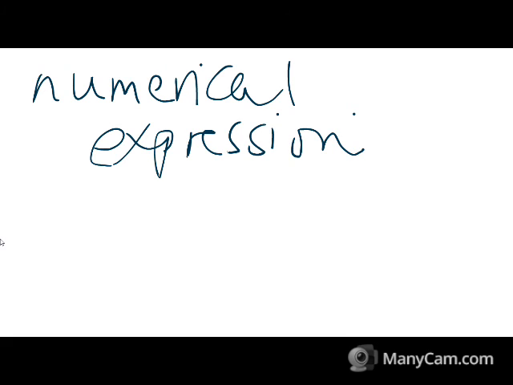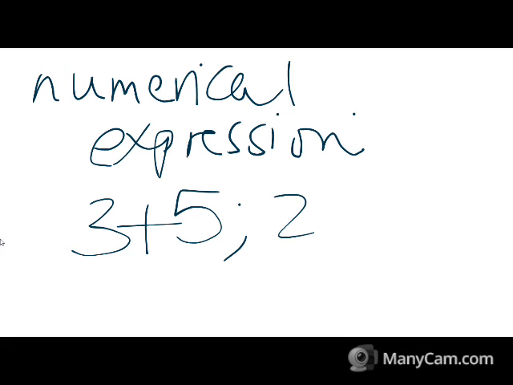That's a mathematical phrase involving numbers and operation symbols, but no variables, such as 3 plus 5 or 2 plus 0. The main thing is expressions do not have equal signs.